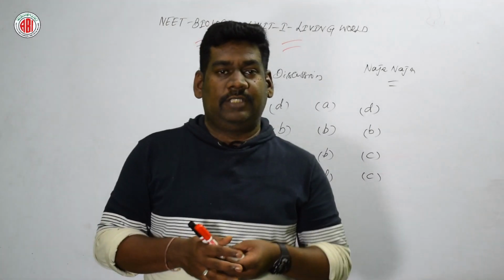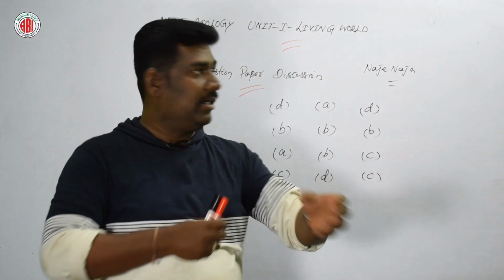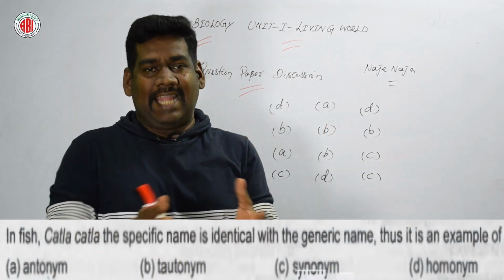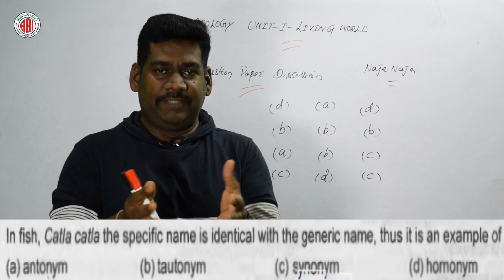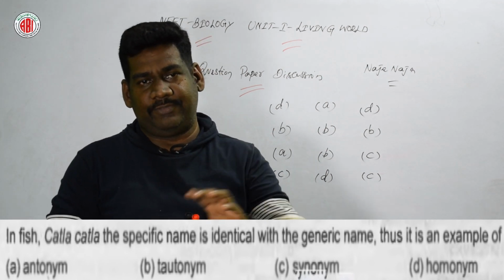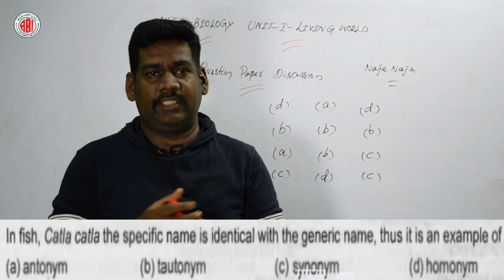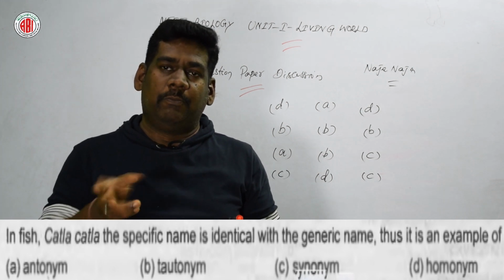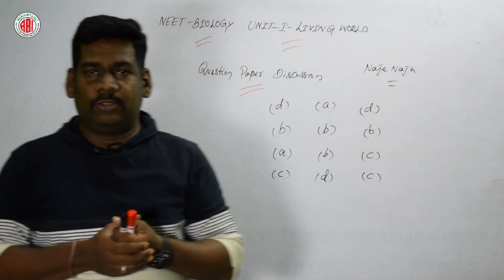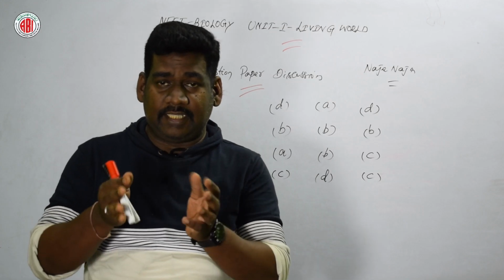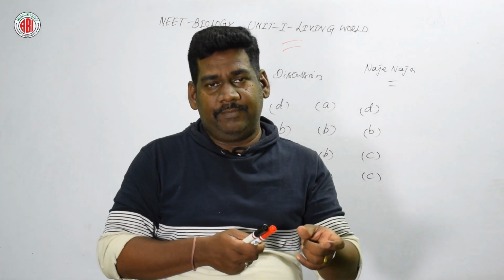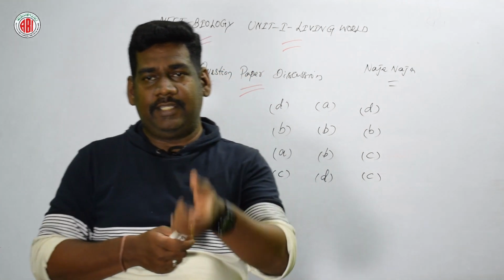The next question is almost similar to Naja naja. In fish, Catla is a specific name which is identical with the generic name. If you see this entire biological name, Catla catla, both genus name and species name are identically similar. So which category does it come under? Here are four different options: antonym, tautonym, synonym and homonym.